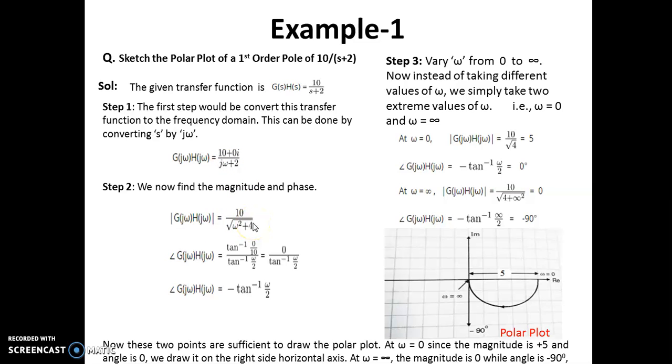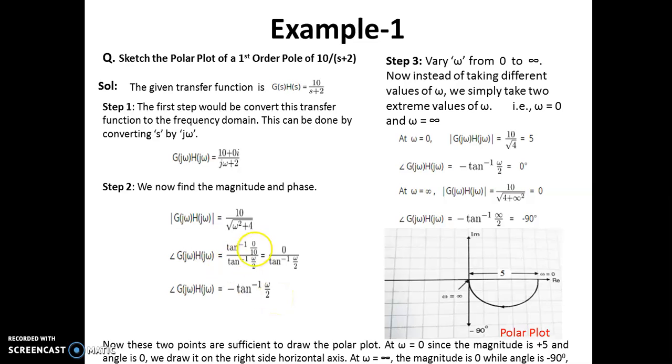And the angle of this transfer function: because the numerator is a constant term, we get only 0 angle. In the denominator we have j omega plus 2, so that is tan inverse of the imaginary part omega by the real part 2. So the angle is equal to minus tan inverse omega by 2. This is the angle of the given transfer function.